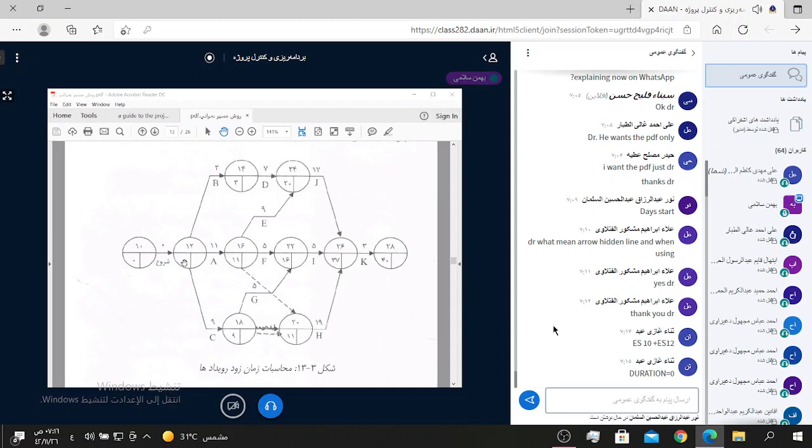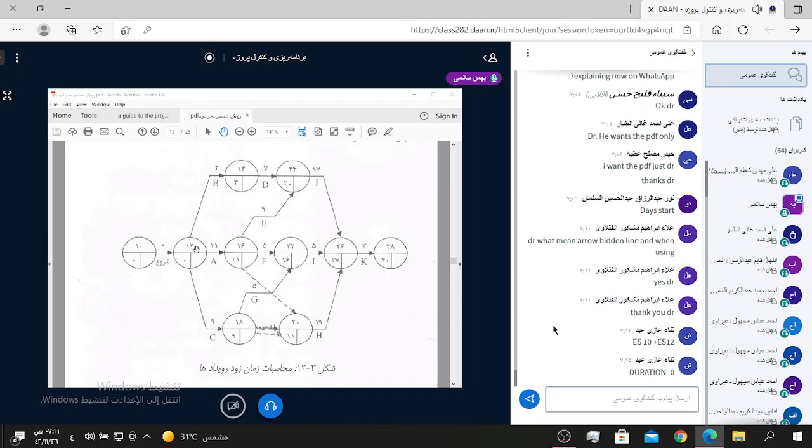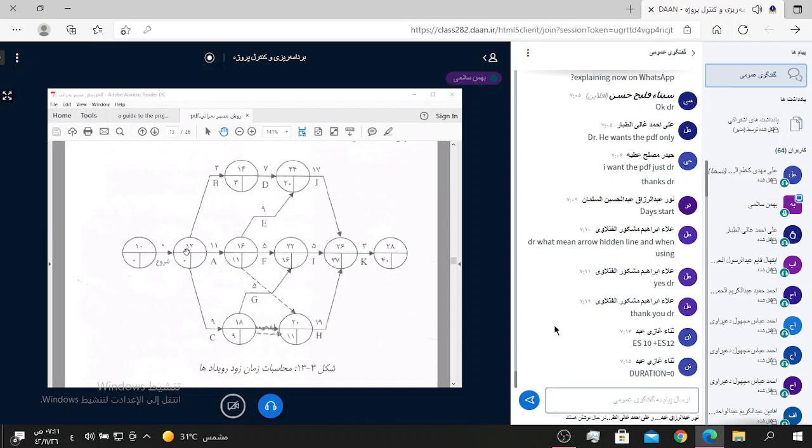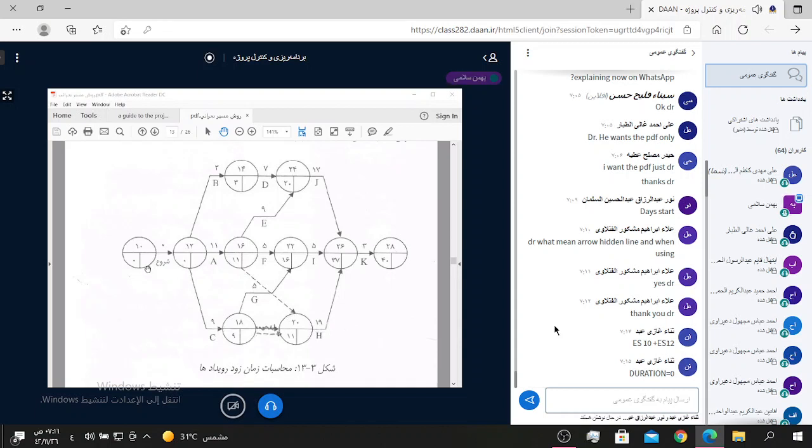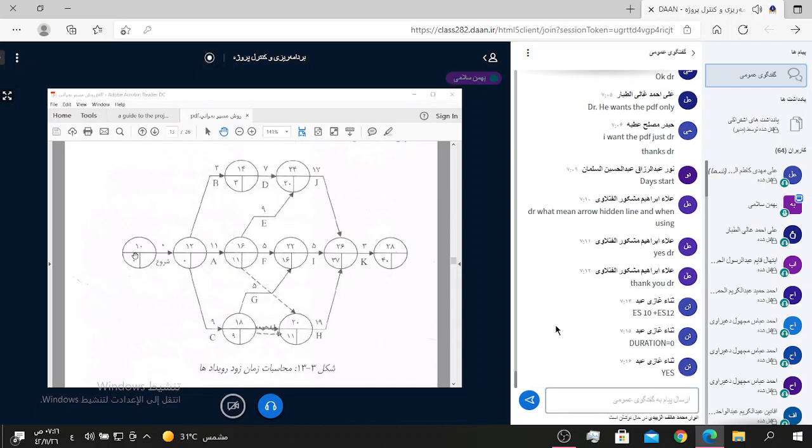And ES of 12 equal 0. Understand? If we want to find the ES for node, we should take ES of the past node plus duration of the node. Understand?